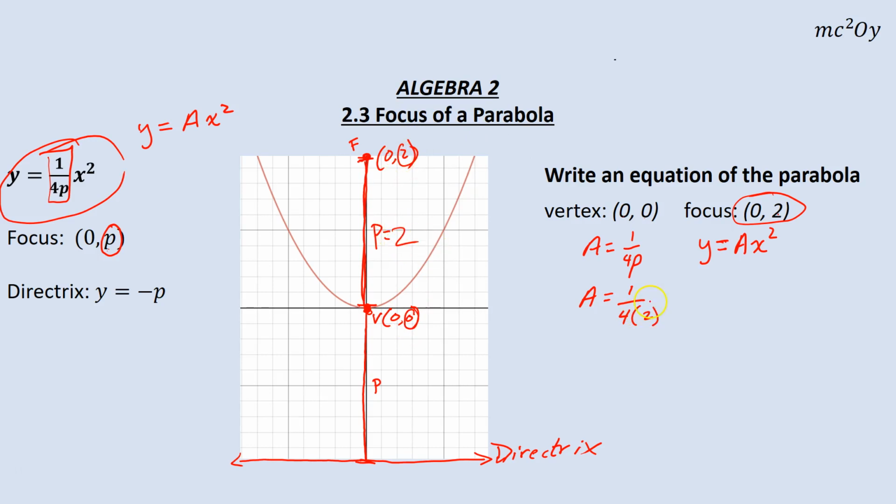So 1 over 4 times 2 is 1 over 8, which is our a term. So we have y equals 1/8 x squared.